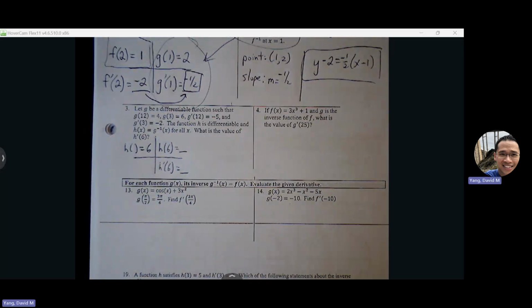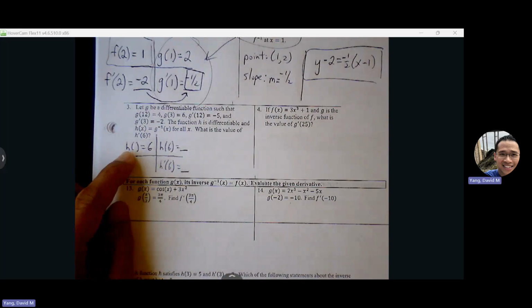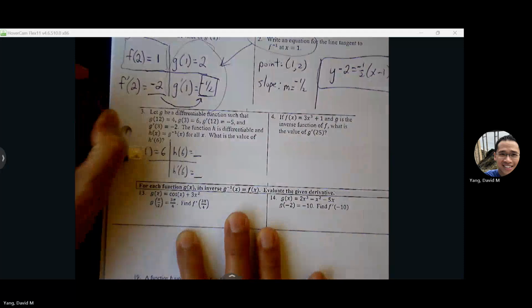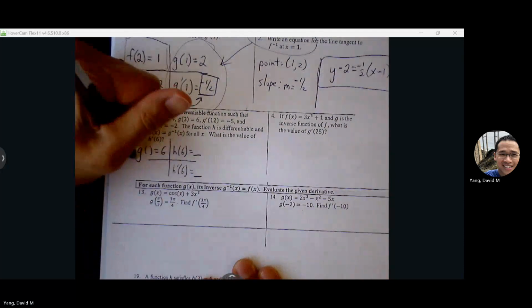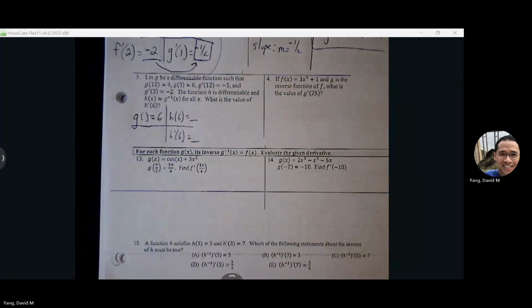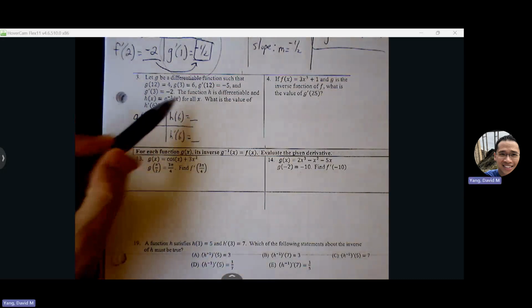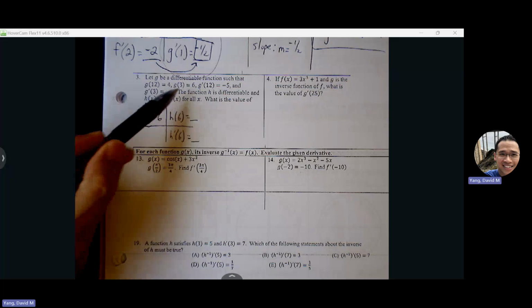Not f. This one should be g. And also, if they give you a bunch of ordered pairs, just be aware that sometimes there are some distractors.